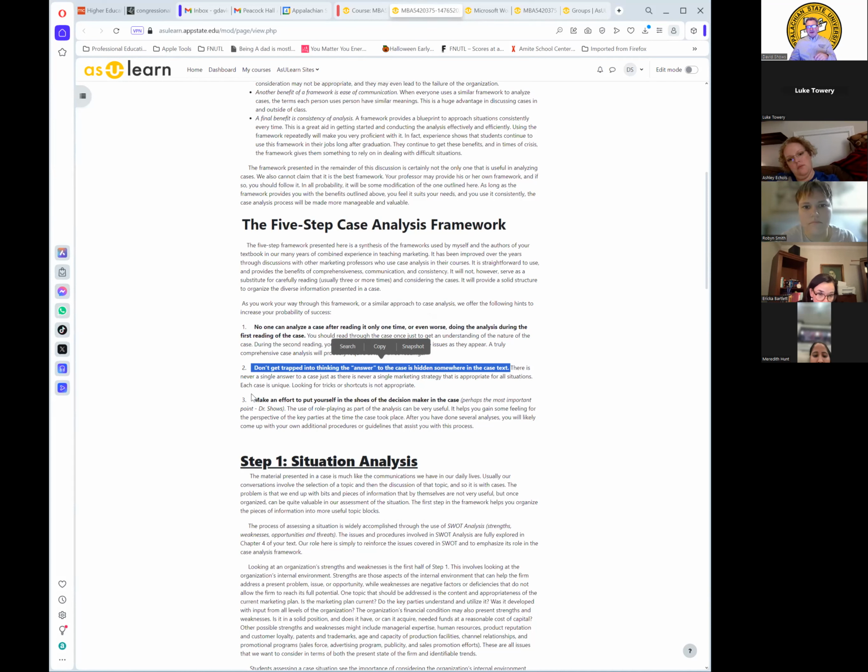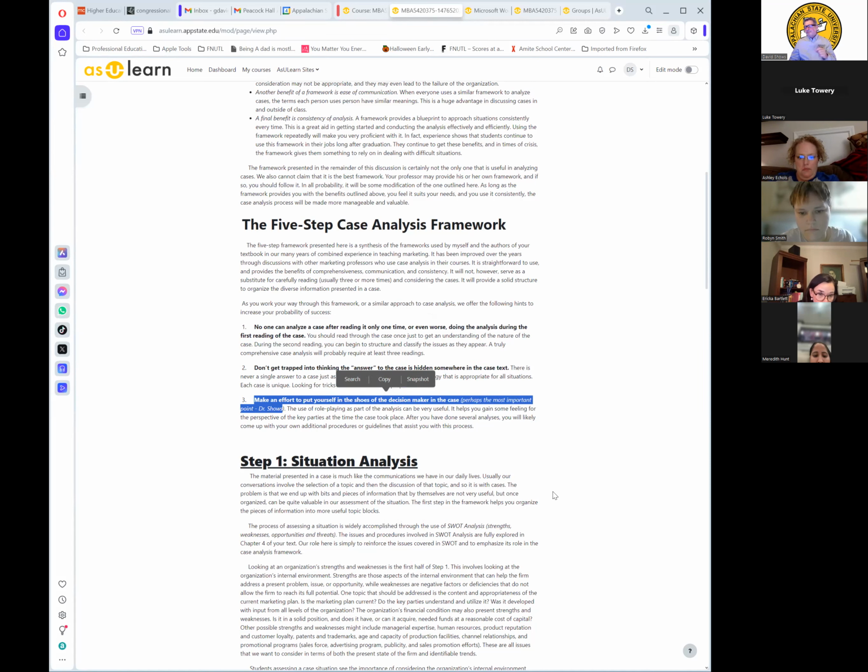And so I put my little note here: make an effort to put yourself in the shoes of the decision maker in the case. My recommendation is that as a group, you think of yourselves as the rainmakers, okay? So think of yourself as an outside team coming in, being given this information by the corporation that the case is about.